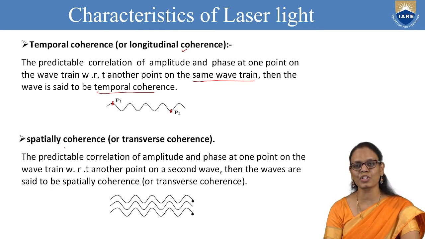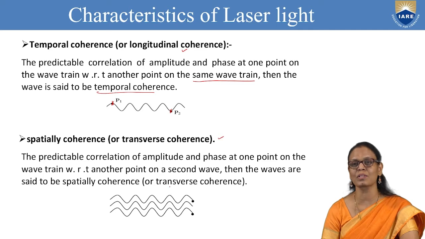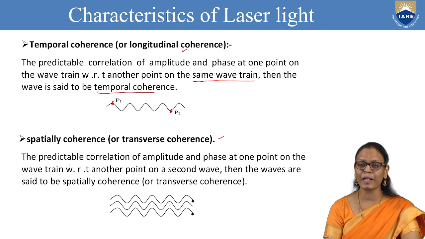Then what is spatial coherence or transverse coherence? It is the predictable correlation of amplitude and phase at one point on one wave with respect to another point on a second wave. Then the waves are said to be spatially coherent.